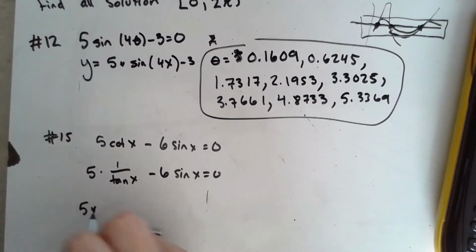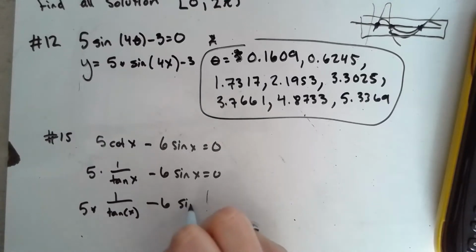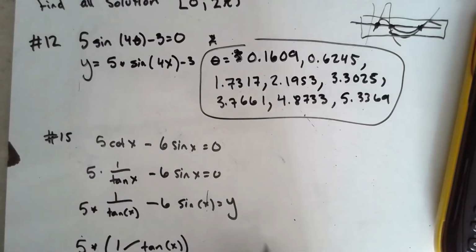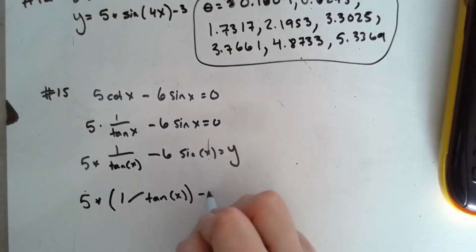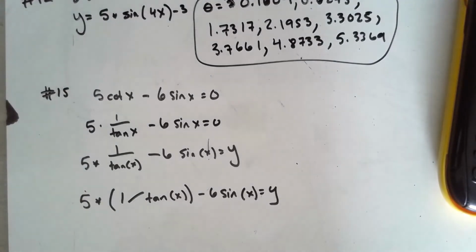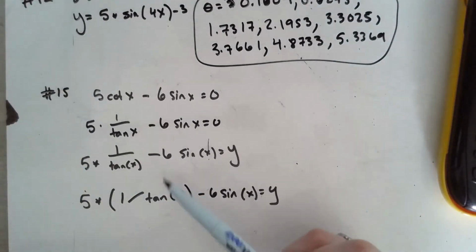You could do 5 times, you could do your alpha zoom and set up your fraction, then minus 6 sine x, and that's obviously y. If you don't have that option, you could do 5 times parenthesis 1 divide tangent x minus 6 sine x equals y. Either one of these would be the proper way to stick it into your calculator.